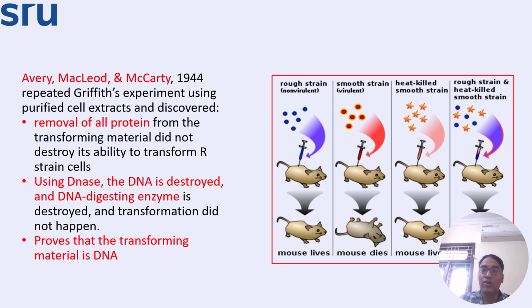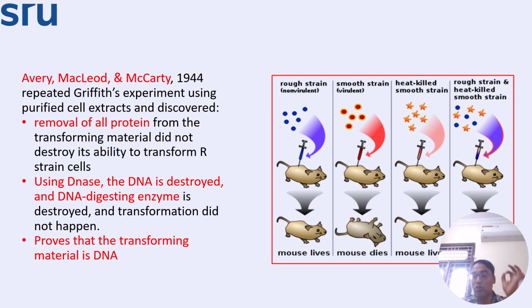Then what did they do? Using a DNase, they destroyed the DNA. DNase is a DNA-digesting enzyme, it breaks down DNA. So now you understand that this entire conversion of the rough strain getting transformed into the virulent strain is because of a transforming agent.